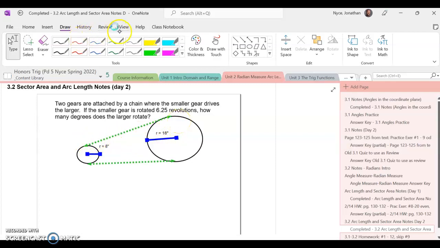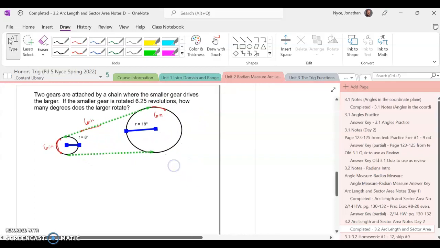The reason for that, as some point rotates around the small gear, let's say it goes, just making up a number here, 6 inches, then some point on the chain is also going to move 6 inches, which means some point on this wheel is also going to move 6 inches. So the key here is that the arc length of the small wheel or gear is equal to the arc length of the big wheel or gear.